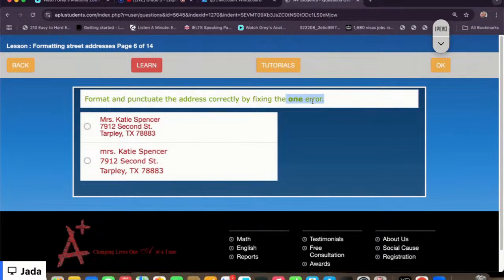So what do you think is the correct one here? Choose one error here.